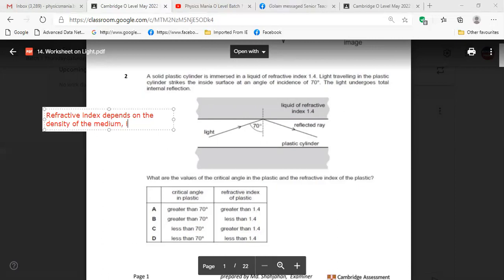If density is more, then what? What should I write now? I'm checking your concentration. Monica, Farabi, what should I write now?